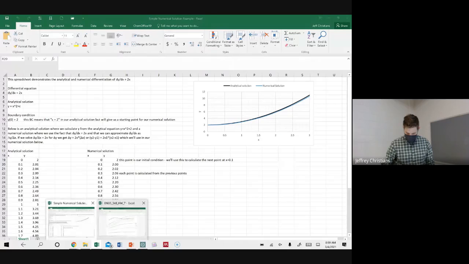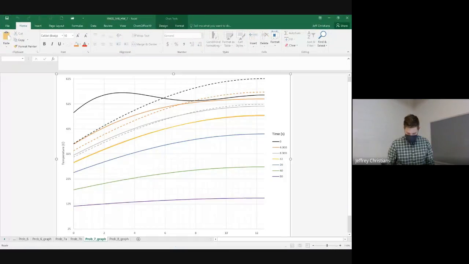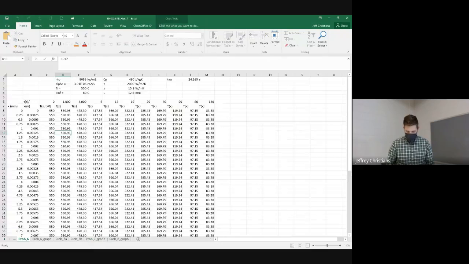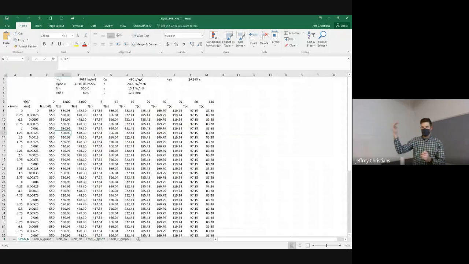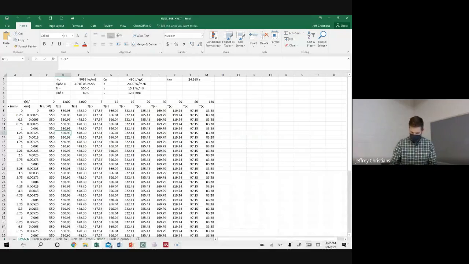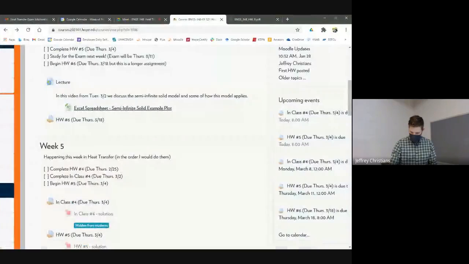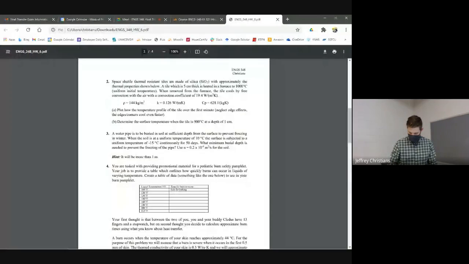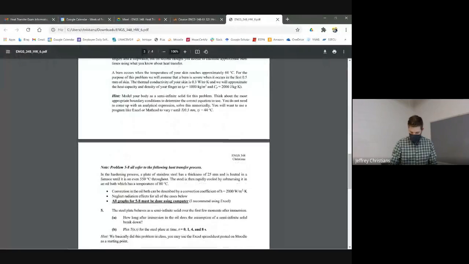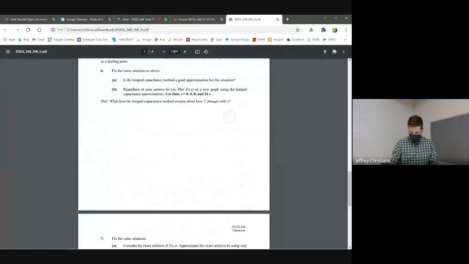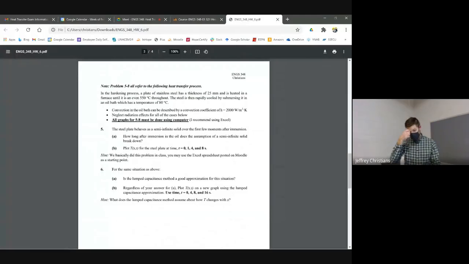Okay. The last one is really one problem, but you re-solve the same thing. So let me pull back up the homework, just to show a little bit of what I'm looking for. The last problem, 5 through 8, is 4 problems, but it's really just one problem where you're doing the same thing.